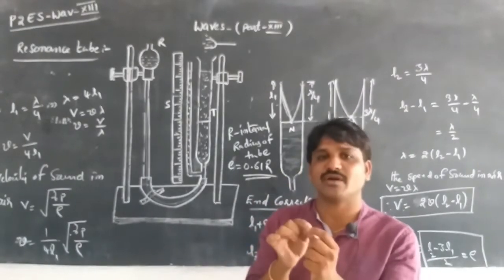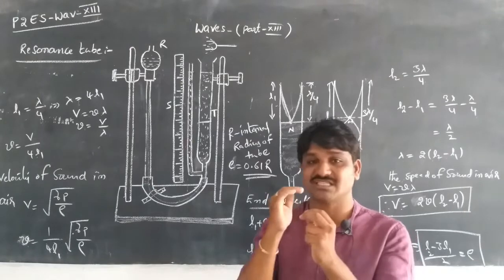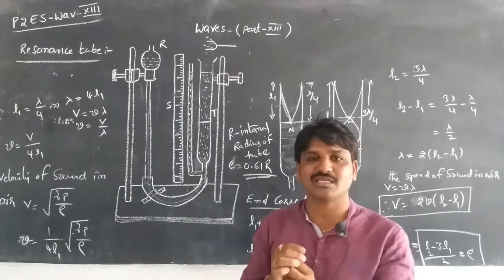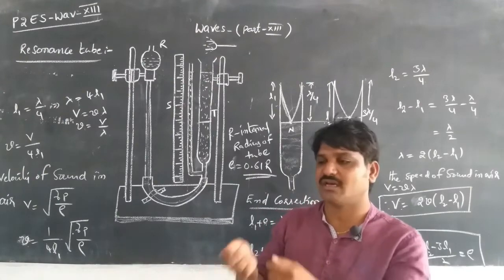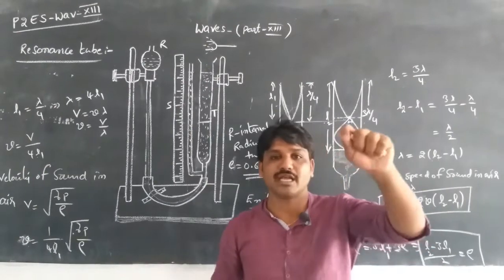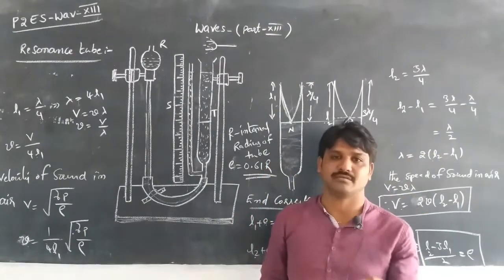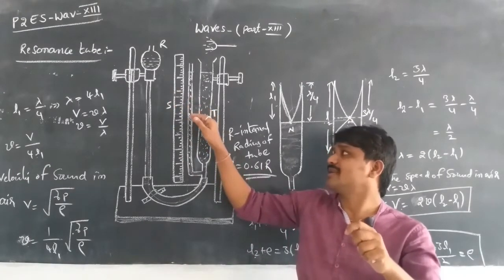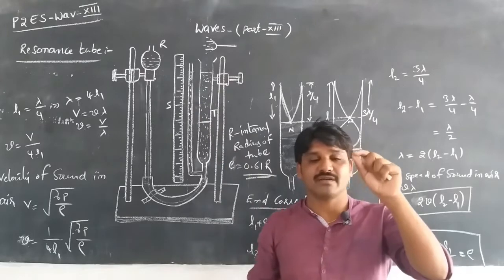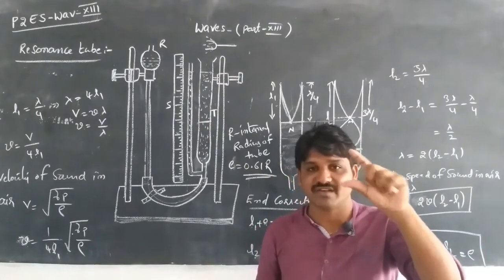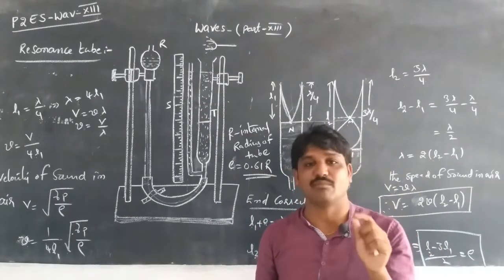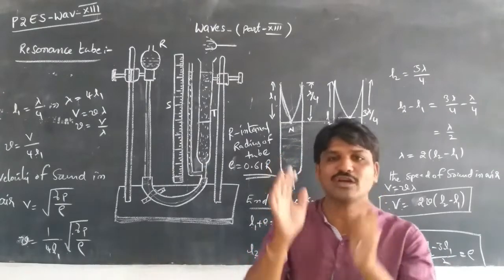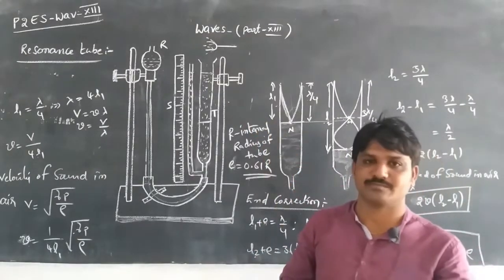Only when the air column reaches the first, third or fifth harmonic, that is lambda by 4, 3 lambda by 4 or 5 lambda by 4, can we hear the sound.